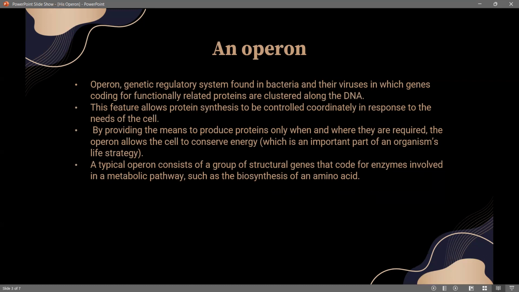A typical operon consists of a group of structural genes that code for enzymes involved in a metabolic pathway such as the biosynthesis of amino acids. These genes are located on a stretch of DNA and are under the control of one promoter.